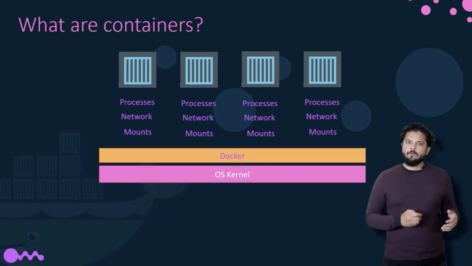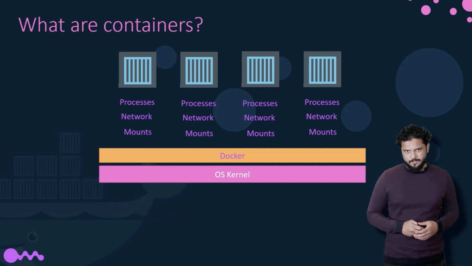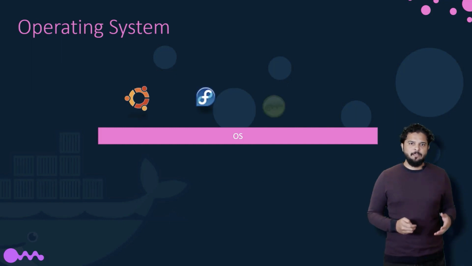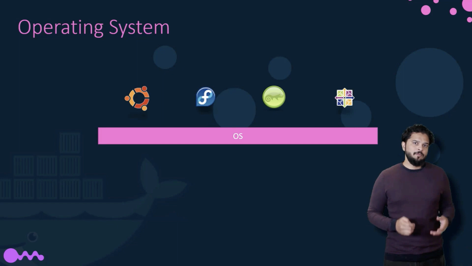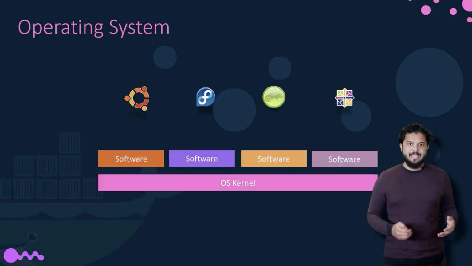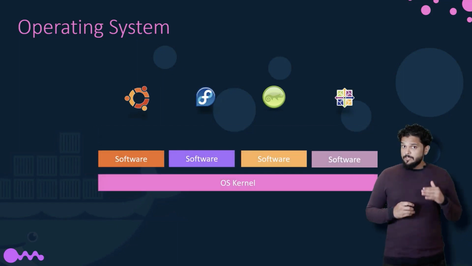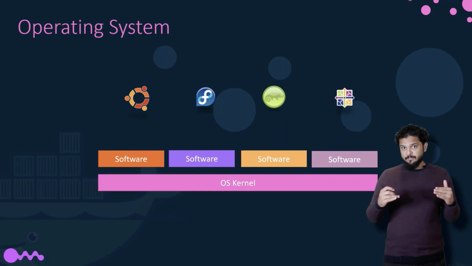To understand how Docker works, let us revisit some basic concepts of operating systems first. If you look at operating systems like Ubuntu, Fedora, SUSE, or CentOS, they all consist of two things: an OS kernel and a set of software. The OS kernel is responsible for interacting with the underlying hardware, while the OS kernel remains the same, which is Linux in this case.